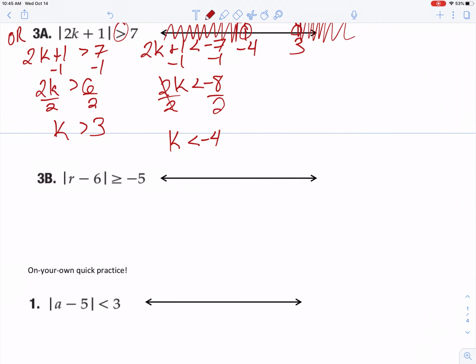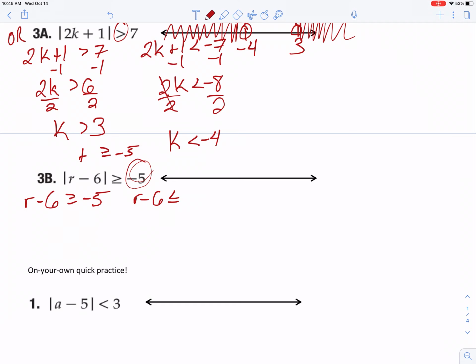If I look at 3b, I go to start it here, and I get to about this point, and I realize that, hold up, it was already negative. So let's read that. A positive number is bigger than a negative 5. Is that true? Yeah. Positive numbers are bigger than negative numbers.